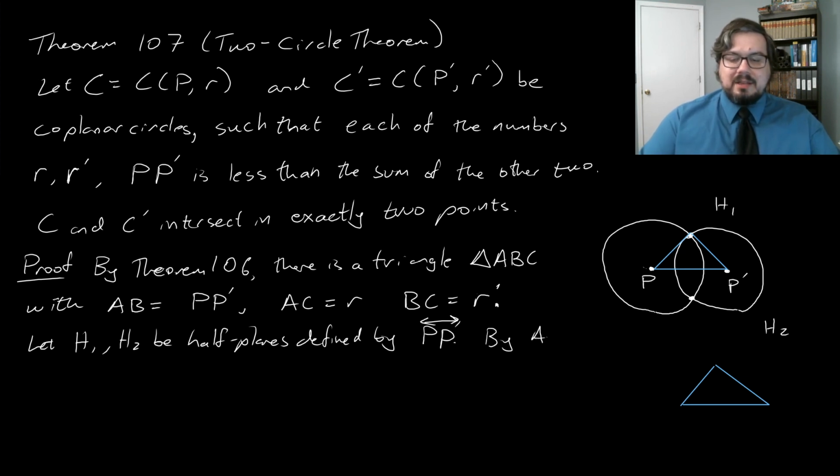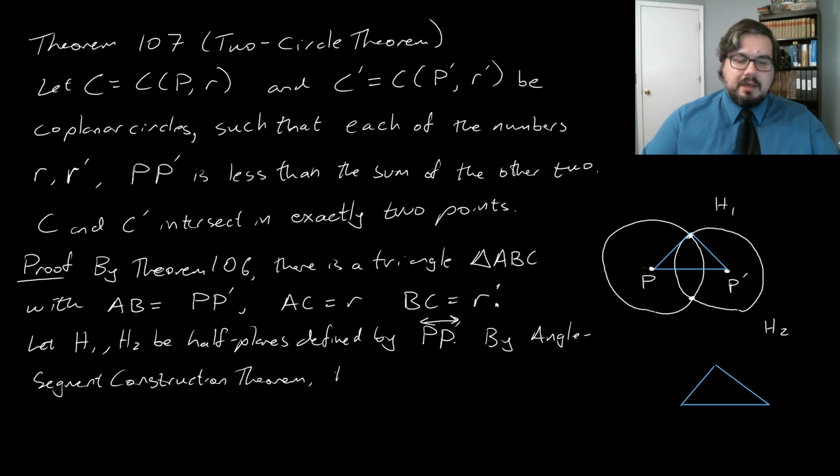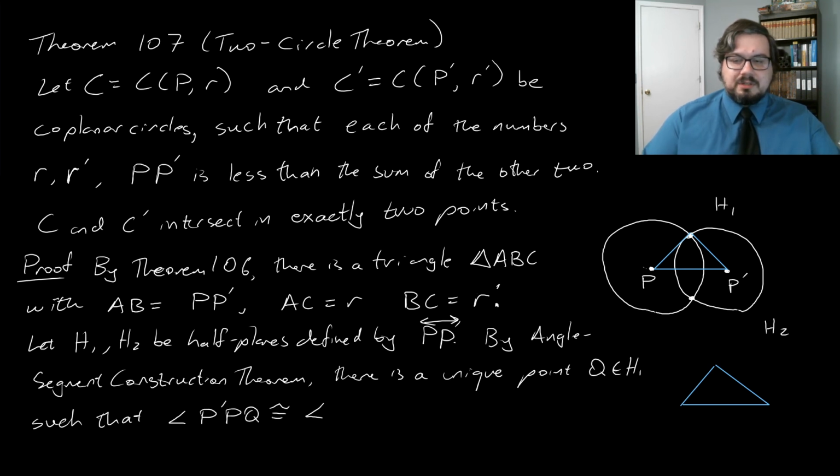Now, by the angle segment construction theorem, there is a unique point Q in H1 such that the angle P prime PQ is congruent to the angle BAC, and where the segment PQ is congruent to the segment AC.